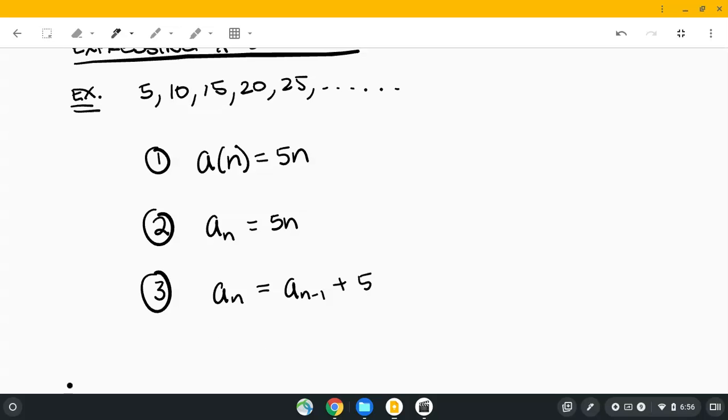This here is called a recursive formula. Okay, that's where you need to know the one before it in order to come up with the next term. Okay.